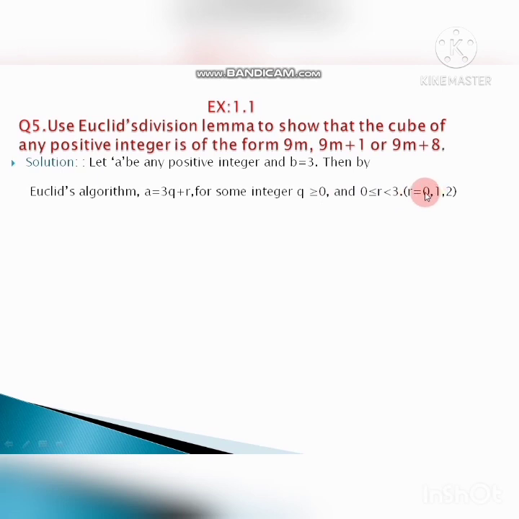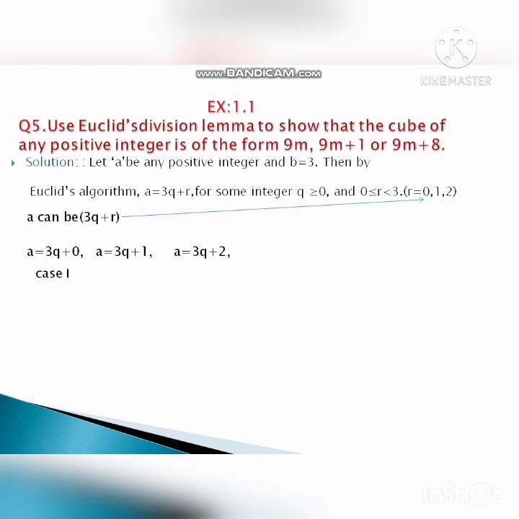So it starts with 0, 1 and 2, and we have to stop here as it is less than 3. So we got 3 possible cases. Now a can be 3q plus r, so at the place of r we substitute these values. The 3 possible cases for a are a is equal to 3q plus 0, a is equal to 3q plus 1 and a is equal to 3q plus 2.